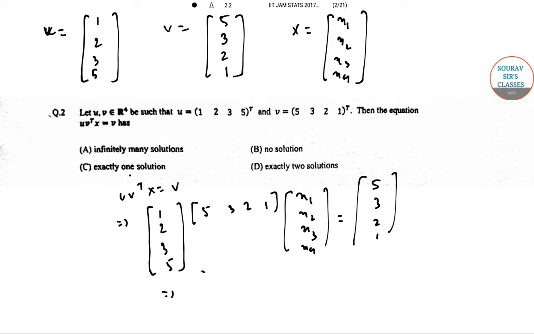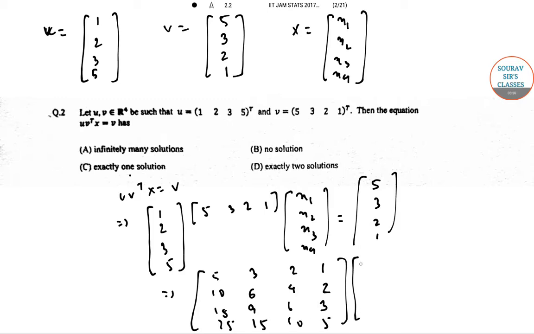Now on multiplying this you get the matrix [5 3 2 1; 10 6 4 2; 15 9 6 3; 25 15 10 5], times [x1 x2 x3 x4], is equal to [5 3 2 1].